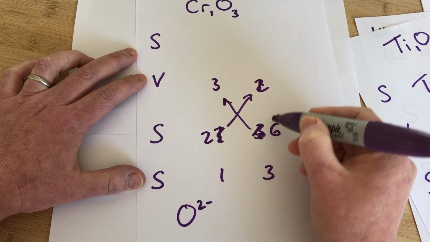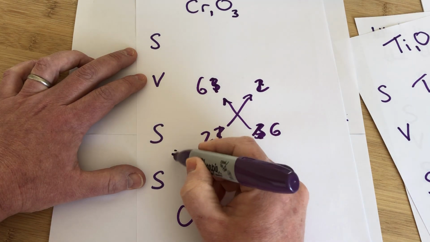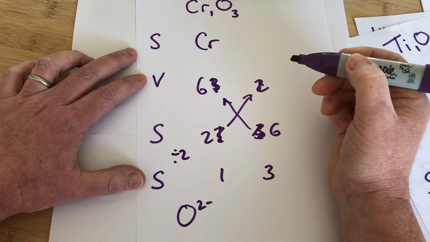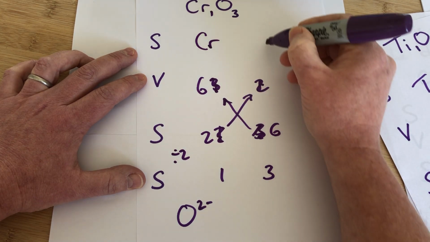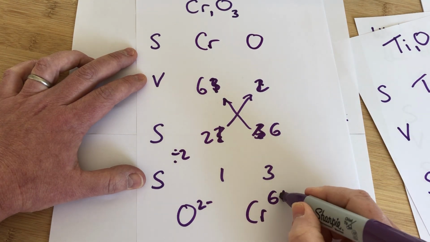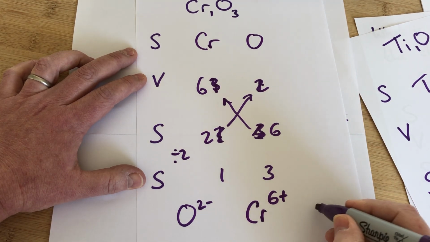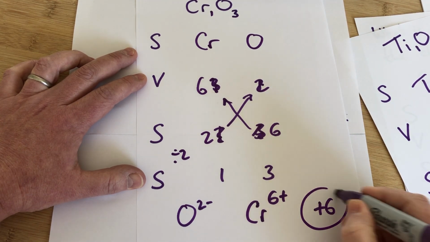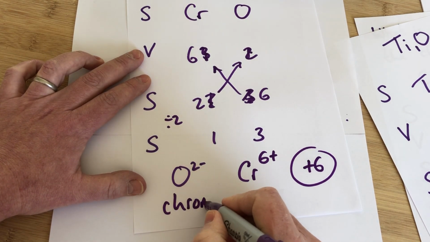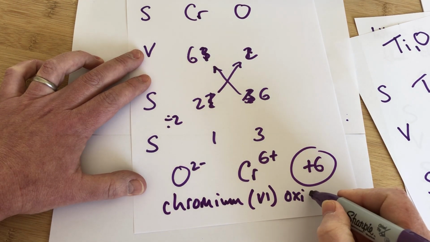That must be a 6. 2 and 6 cancel to 1 and 3. We have divided by 2 here. So the chromium must be 6 positive and the oxygen is 2 negative. So chromium is 6 positive, which happens, it's a fairly common ion for chromium, and the charge is 6. So the name of this would be chromium 6 oxide.